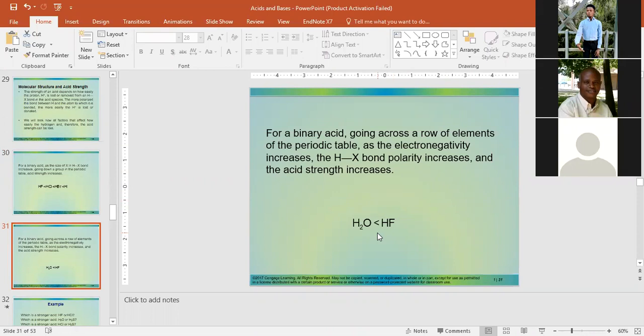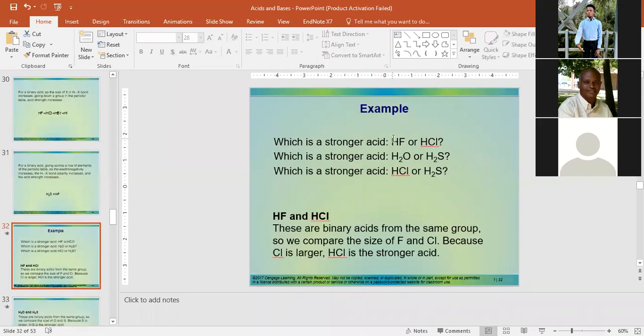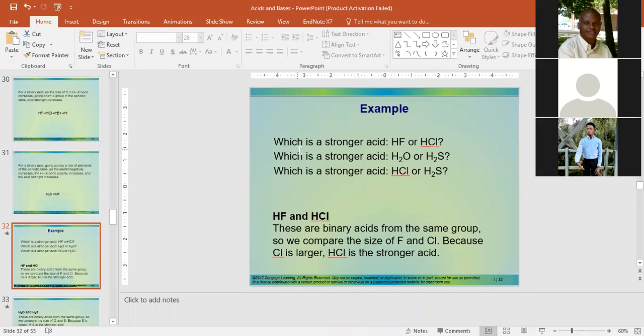Can I continue? Okay. So the other examples are here. Again, you can look at which of the two is strong, which one is not strong. For hydrogen fluoride and hydrogen chloride, these are binary acids from the same group.